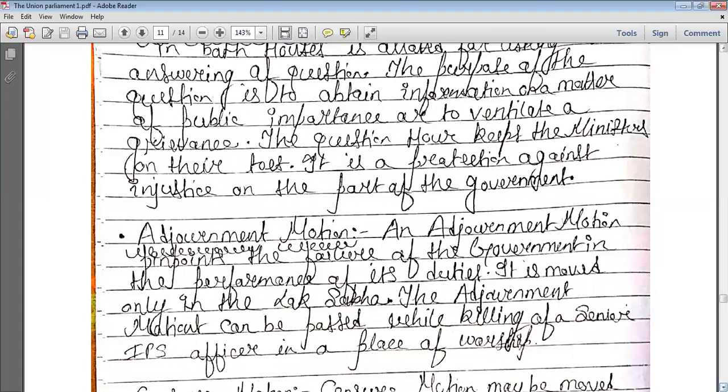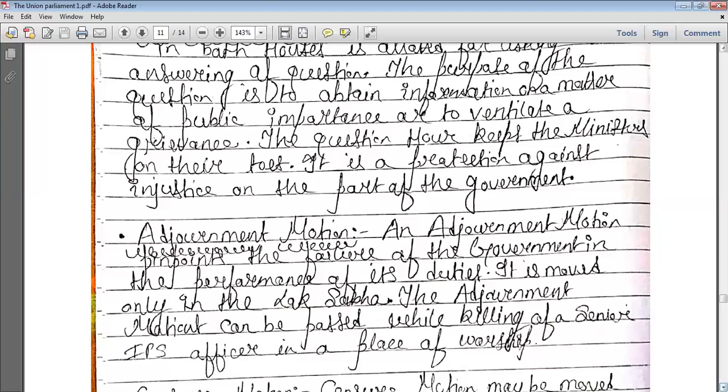So the question hour is allotted in order to get some information which is of public importance, which creates public opinion. The question hour keeps the ministers on their toes. How does it keep the ministers on their toes? That means the ministers can ask any type of question, they can solve any type of matter, and they are free to ask their problem, to ask for answers from other ministers.